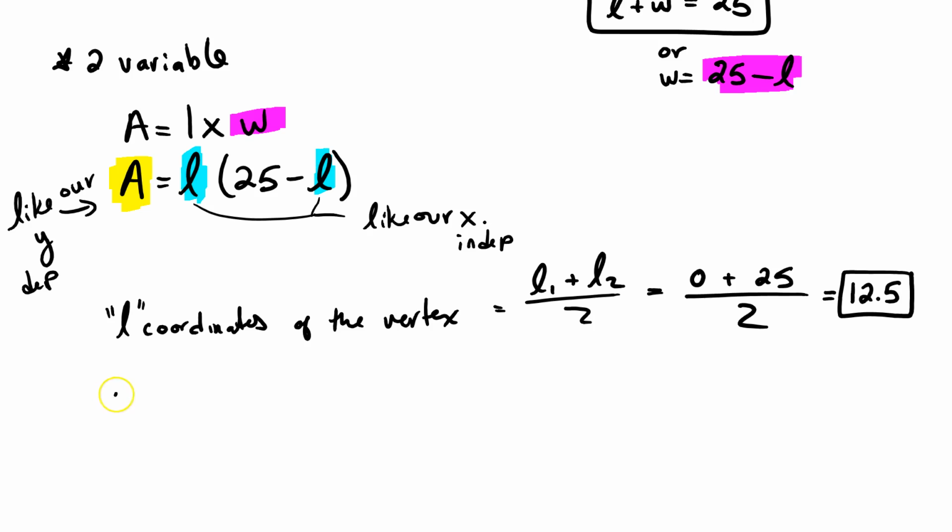So now to find the A coordinate of the vertex. Now this is going to give us our maximized area.